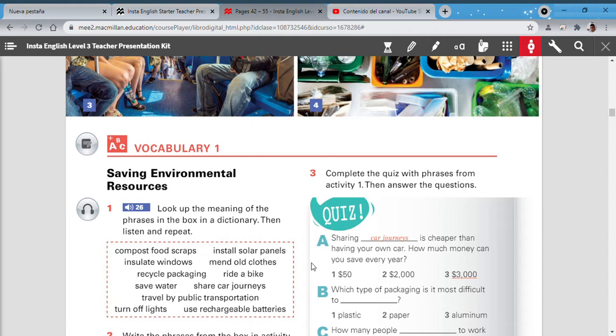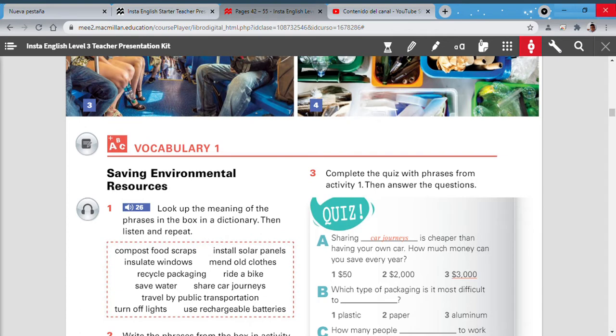Wash clothes. Ride a bike. Share car journeys. Use rechargeable batteries.